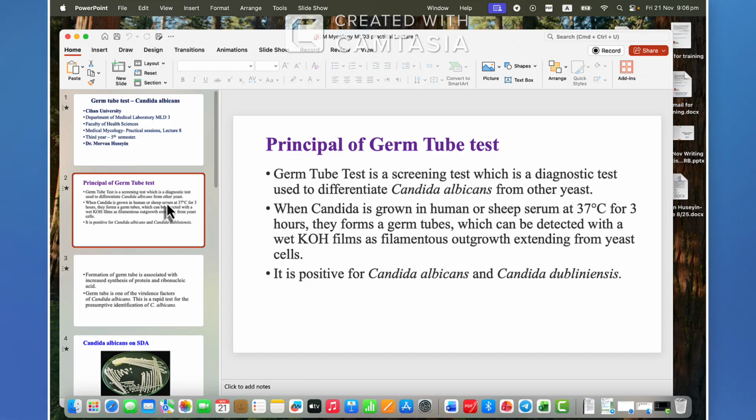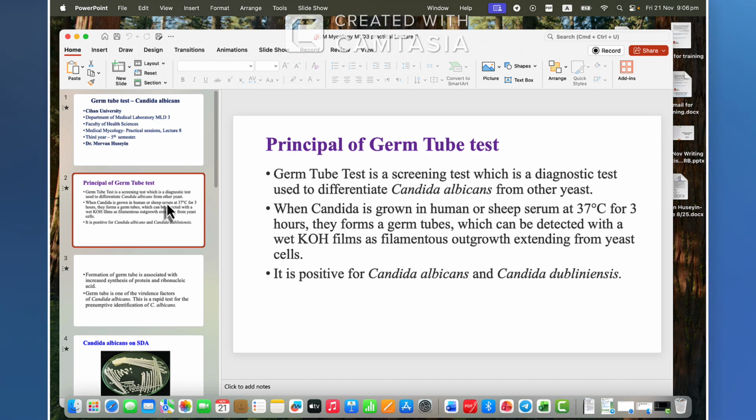As a principle and definition, the germ tube is a screening or diagnostic test to differentiate Candida albicans from the other yeasts, that is, the Candida which are positive in germ tube from the Candida which are negative.